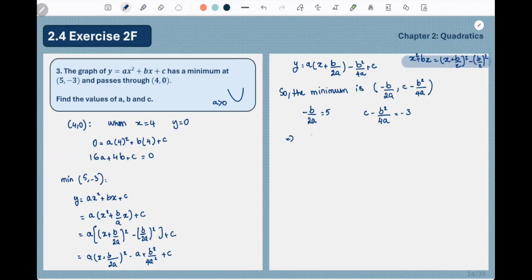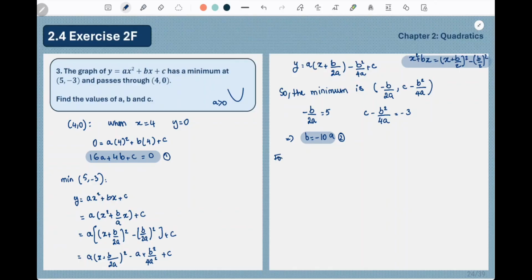So I'm gonna focus on this one first. Basically, b equals minus 10a. So we know b is minus 10a. I'm gonna call this one equation 1 and this one equation 2.